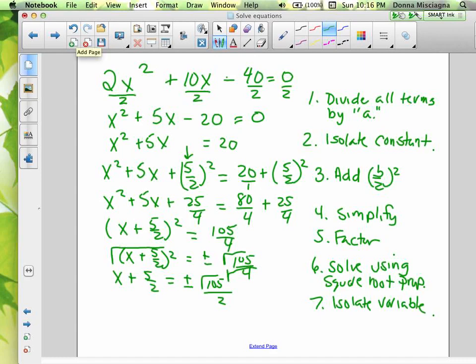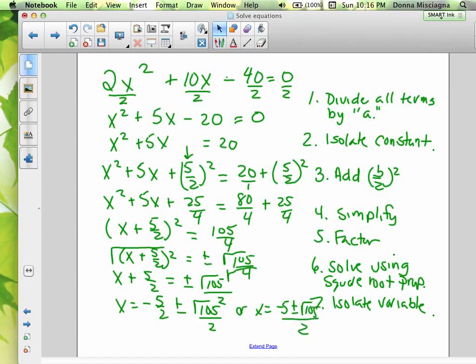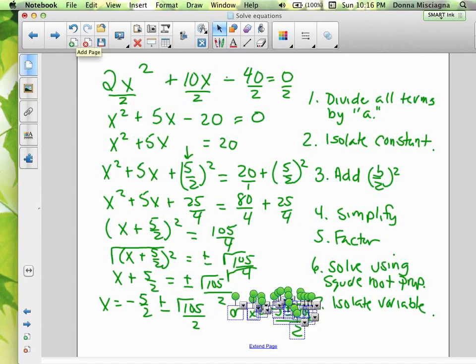So the last thing we're going to do is subtract 5/2 from both sides. x is negative 5/2 plus or minus the square root of 105 halves. All right? You can't really combine the terms unless you like this better, all over one denominator.